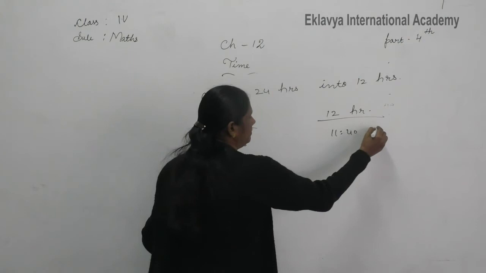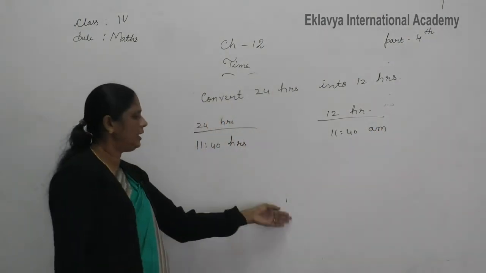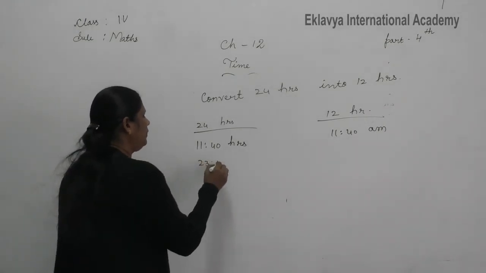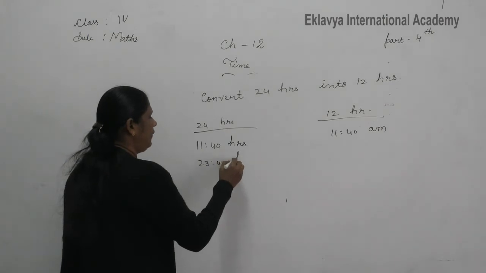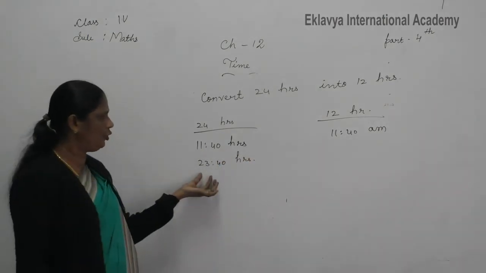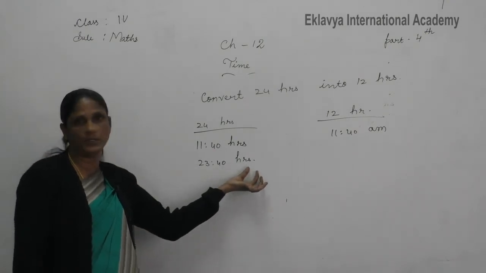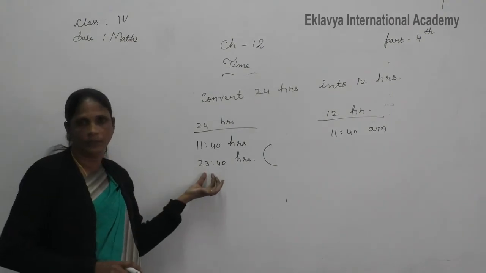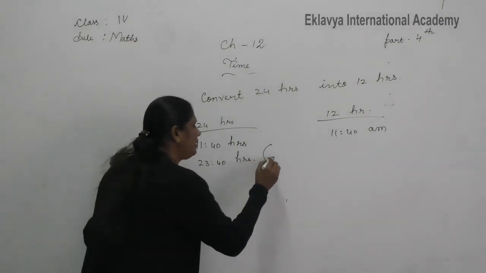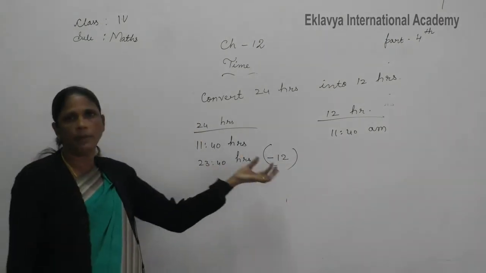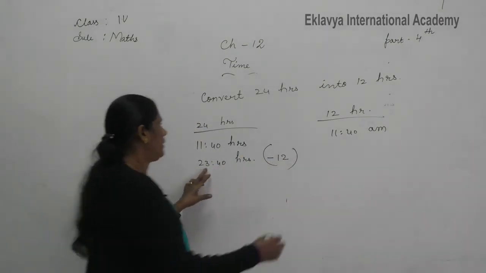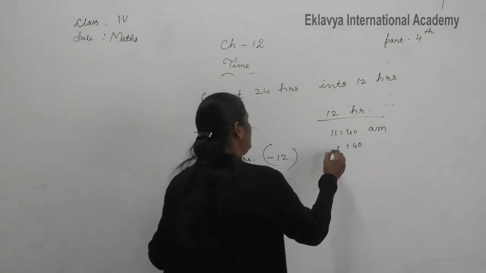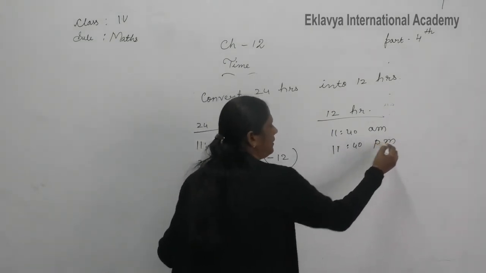It is more than 12, so you subtract 12. 23 minus 12 is 11.